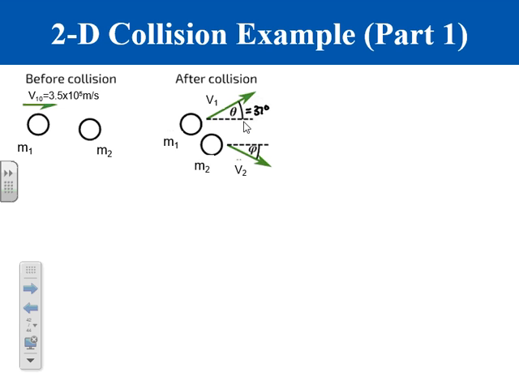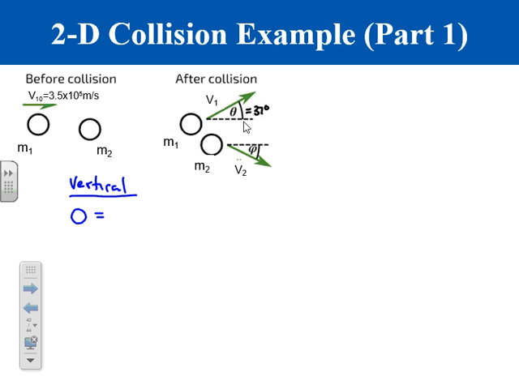So let's start with vertical because it's the easier to write of the two. And for our vertical direction here, initially, there is no up or down velocity, so there's no momentum to start. All right.